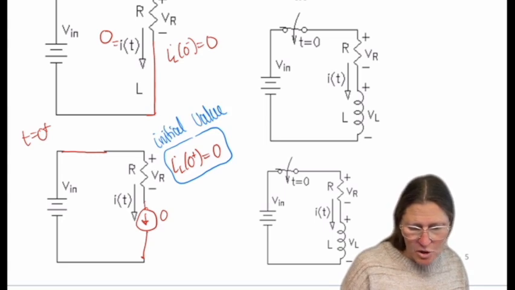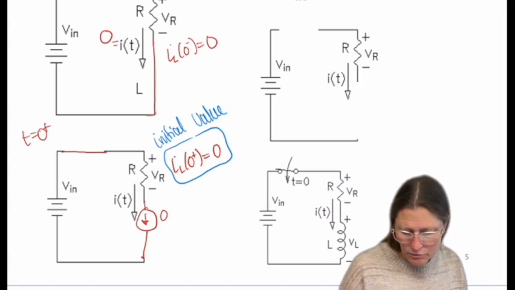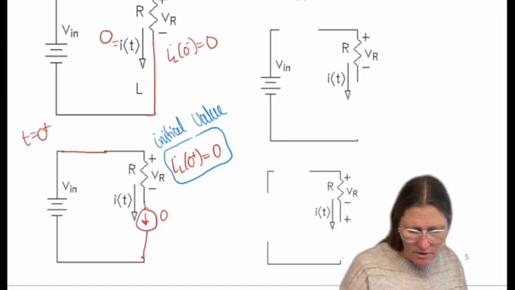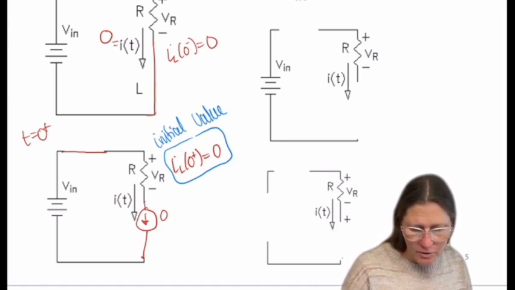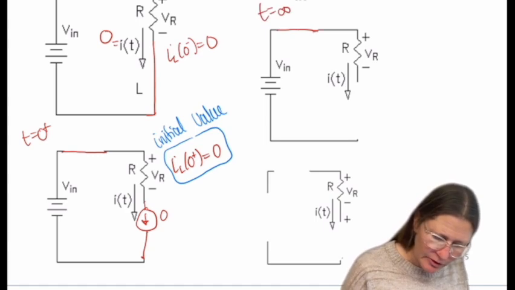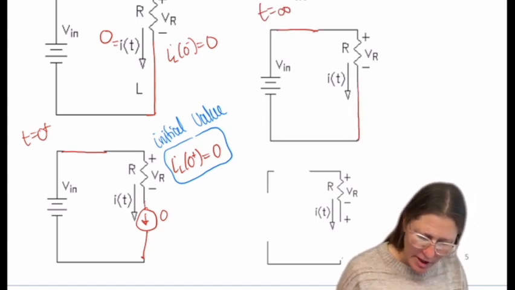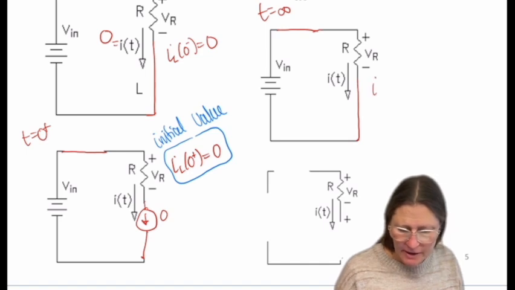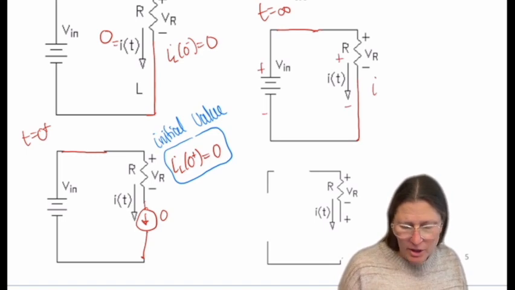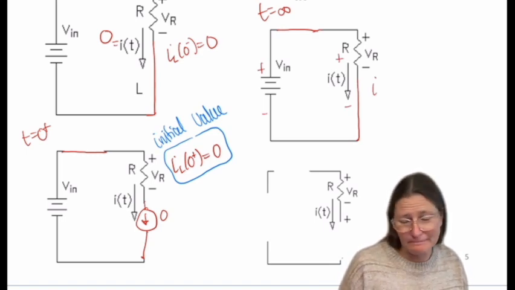And then for infinity, I have this is closed, and this becomes a wire, so my I in this case. And how do I know if it's plus or minus?